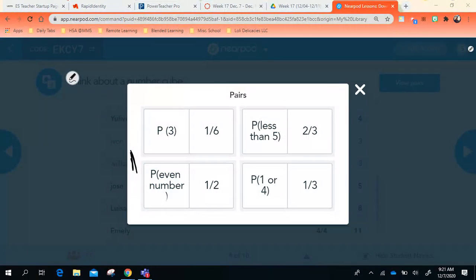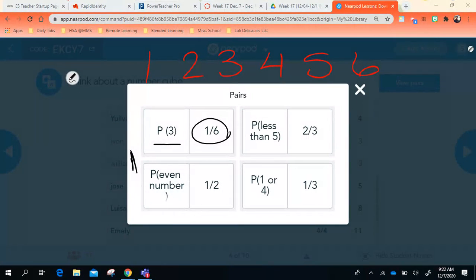Okay, so what's the probability of rolling a 3? Remember, our number cubes have the numbers 1, 2, 3, 4, 5, and 6. If we're looking at the probability of rolling a 3, how many 3s are in a number cube? There's 1 3. And how many total numbers are there? There are 6. So the probability of rolling a 3 is 1/6.